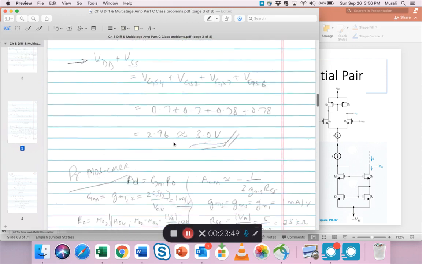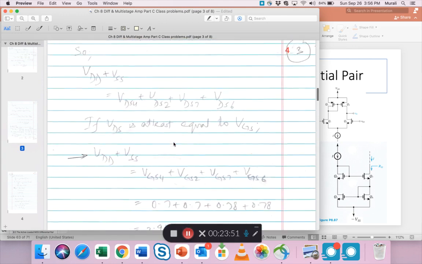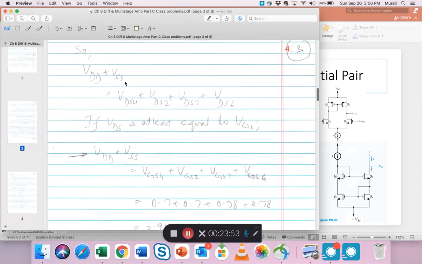Now go back to page 4. So VDD plus VSS has to be VDS4 plus VDS2 plus VDS7 plus VDS6. So if you look at one branch here, 4, 2, 6 and 7, right?